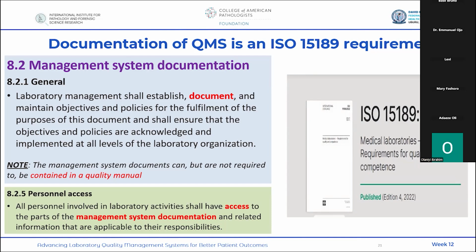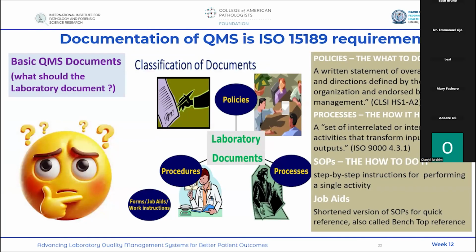And we recommend to labs that please keep your quality manual. I've talked about the access of personnel to all the documentation, the quality manual, the policies, the processes, the SOPs. This has to be made available and accessible to the personnel at all levels.